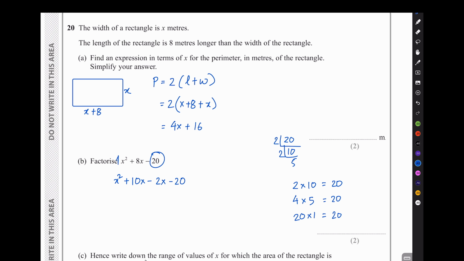Now our next goal is to find a combination of two numbers such that if we add or subtract them, we get the number in the middle. So we need to find something that by adding or subtracting them from each other, we get 8. So clearly the first one is the only option, 10. If we subtract 2 from 10, we get 8, right?